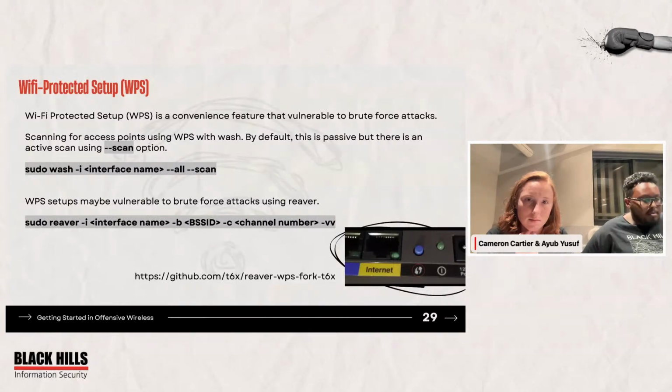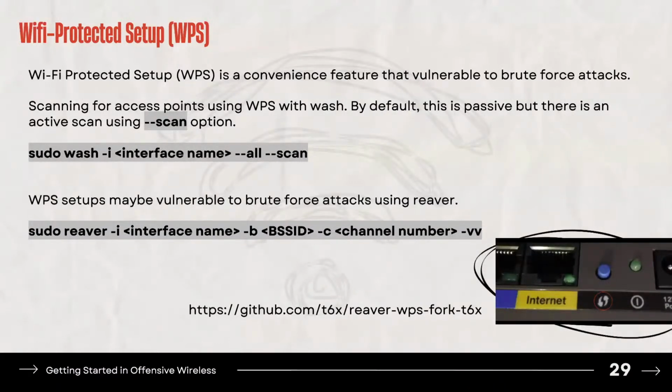The image on the bottom right shows you the symbol of a WPS. Now, this is a misconception I had. I understood WPS was enabled on systems, but I thought you had to press that little button to turn it on to start connecting. But no, you don't. I was able to exploit this without interacting with the router at all. So here's what the Wash command looks like when you run it.